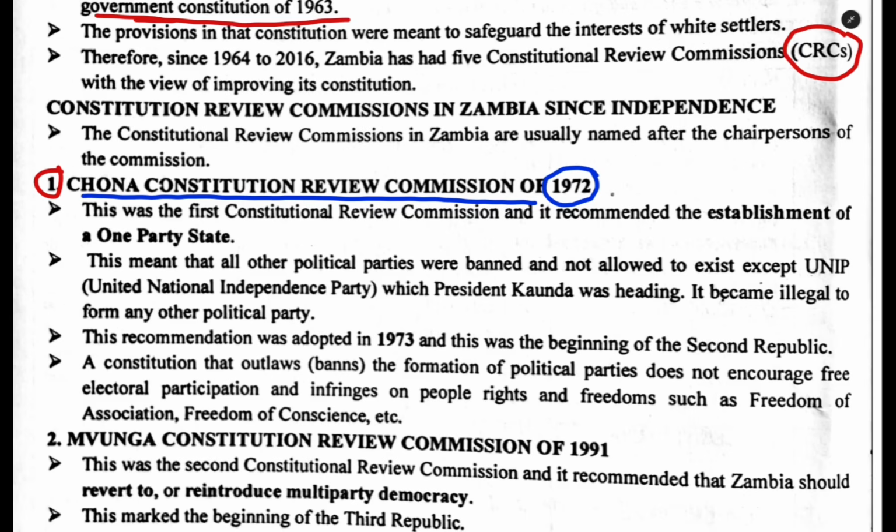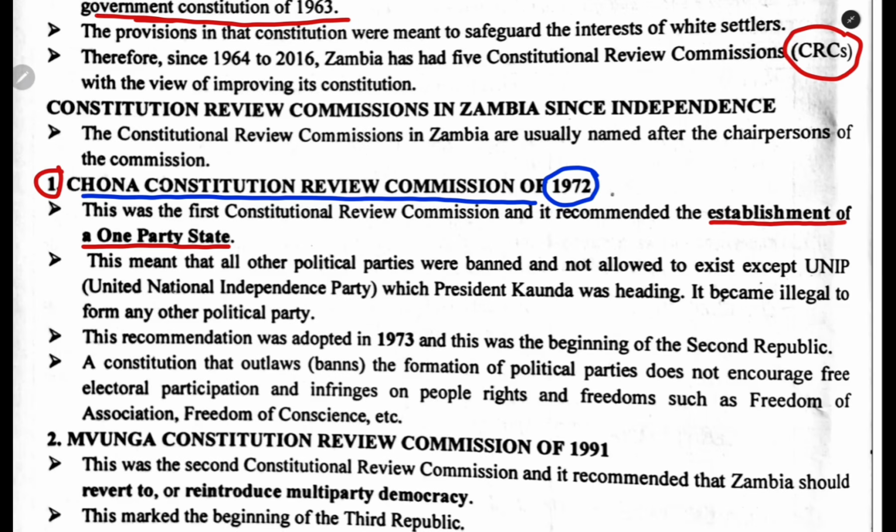Now, under this Constitution Review Commission, what were the recommendations? Like I said, you need to know the recommendation. This recommended the establishment of a one-party state. As you know, when Zambia got independence, there were several parties. In short, it was multi-party. But at some point, in this particular year, 1972, there was a recommendation that Zambia become a one-party state. What does this mean?